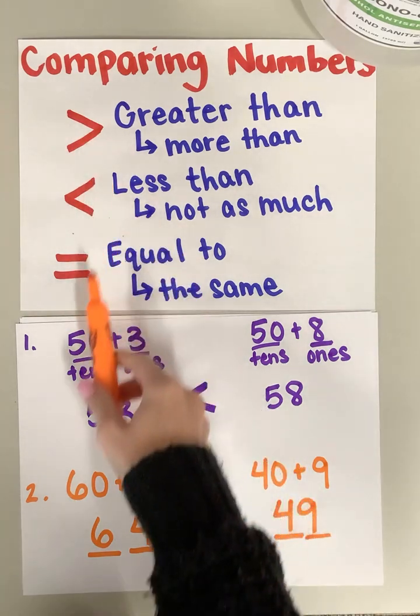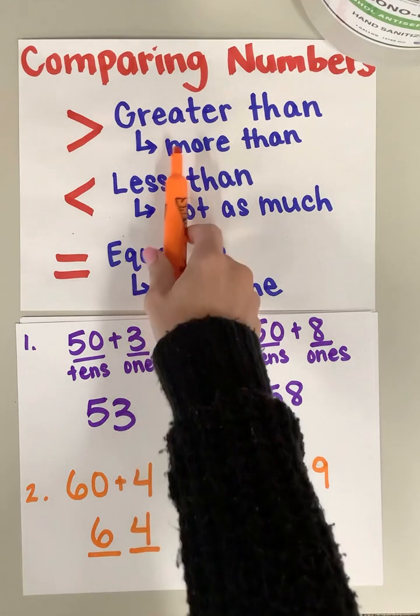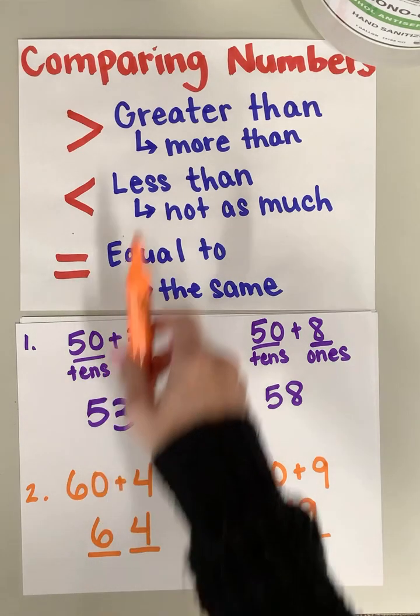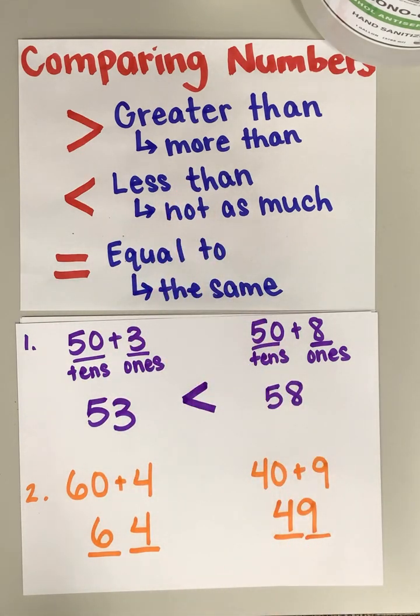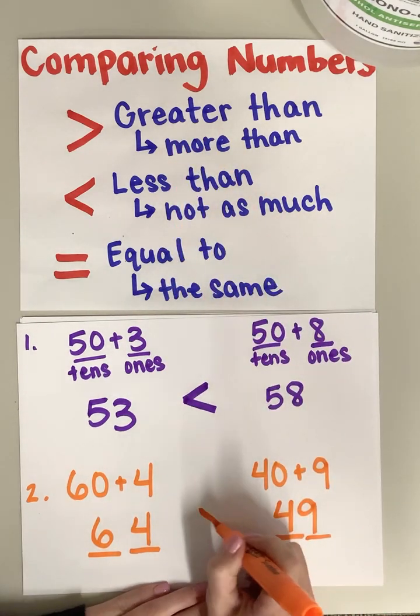What comparing number sign needs to go in between these two numbers? Is 64 greater than 49? Is 64 less than 49? Or is 64 equal to 49? 64 is greater than 49.